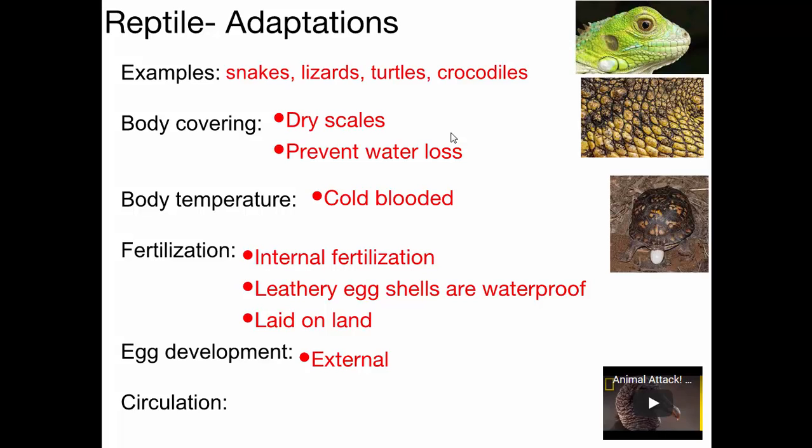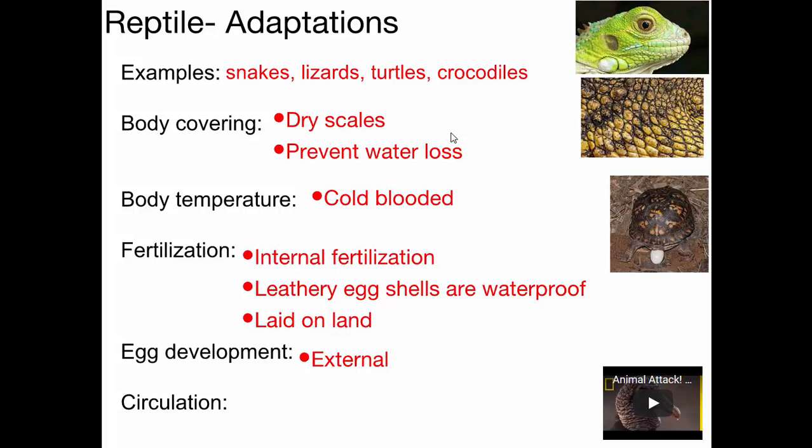So with internal fertilization, sperm meets the egg inside of the female, but then the young develop outside of the body in the egg. Now there are a couple snakes especially that hold the fertilized eggs in their body and the young hatch in their body and then come out live. But that's not the usual. Usually the eggs are laid on land.